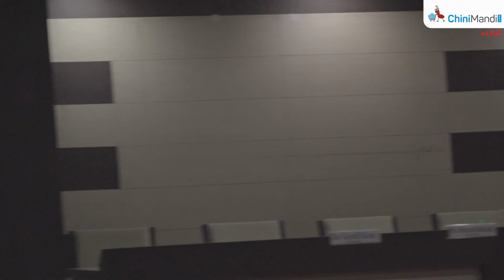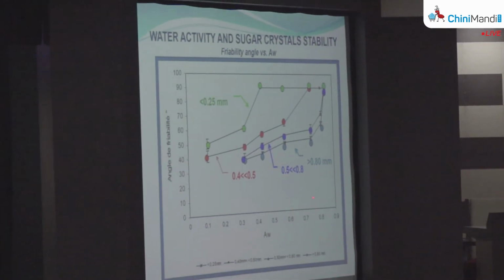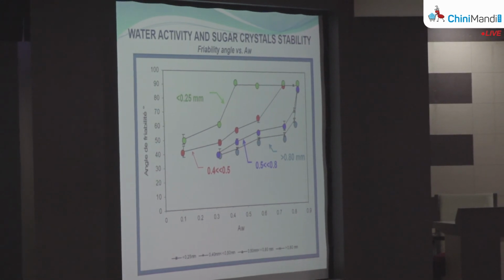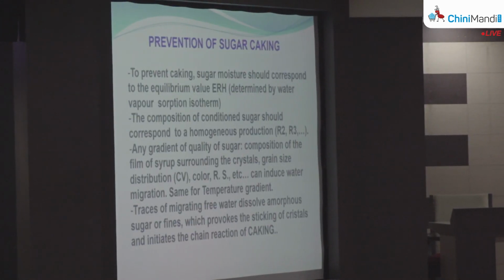Sugar has been previously stabilized with different relative humidity, and then you see that the flowability angle is lower the higher the size of the crystal and the higher the water activity. So it is a way to measure the stability of the crystals.